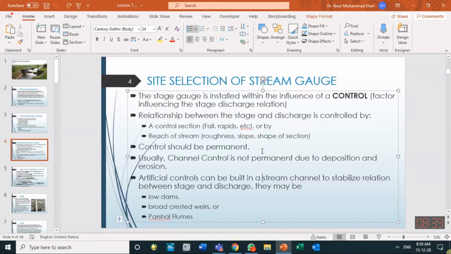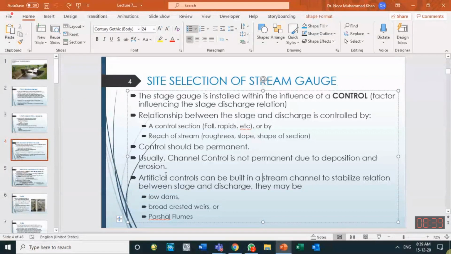It should not be that in 1 month n is 0.01 and in another month it is 0.03, because that will change the depth for the same discharge, and we will not be getting correct information. Similarly, if the control is by the reach, then the slope should also be permanent. It should not be changing from month to month or year over year. Otherwise the relationship between discharge and stage will change, and that will change the observed data.